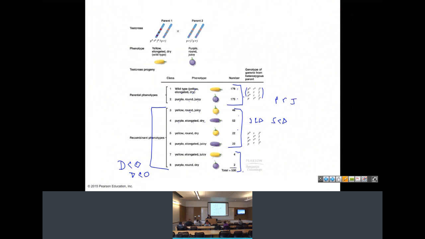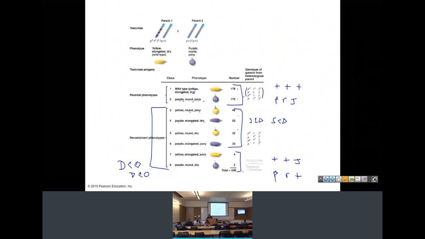And then we had a wild type, wild type, wild type. That's what it was here. Wild, wild, wild, purple, round, juicy. Here we have yellow, elongated, juicy, purple, round, wild type. You see how I did that?